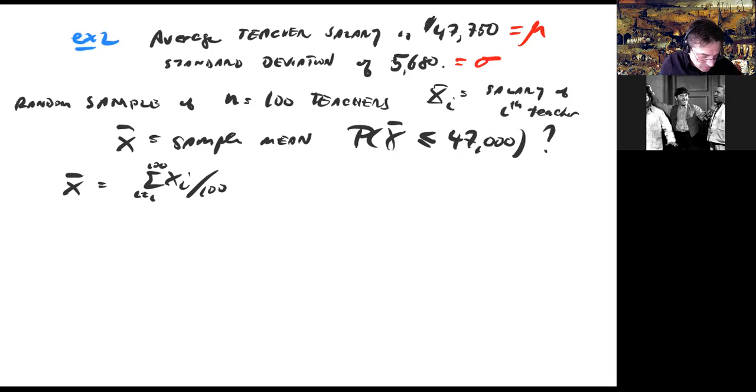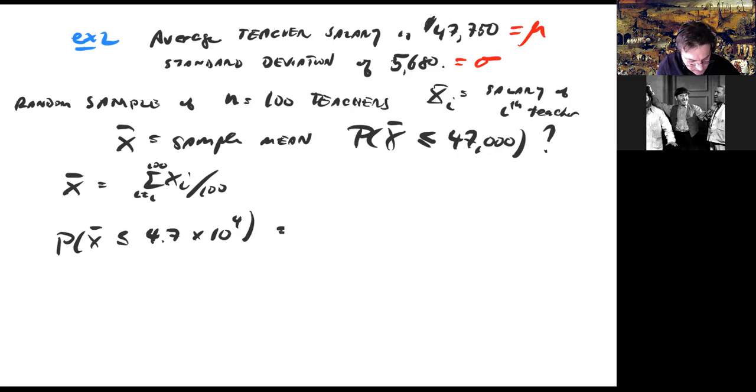Okay, so we want to compute the probability that X bar is less than or equal to 47,000, which I'm going to write as 4.7 times 10 to the 4th power in exponential notation. It'll be easier to deal with that if we do that.